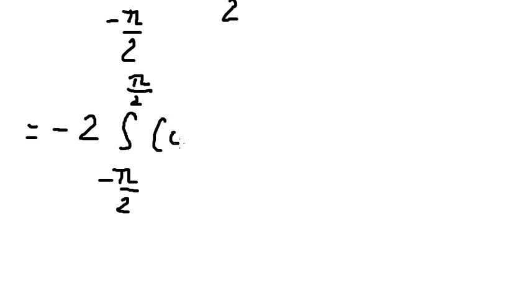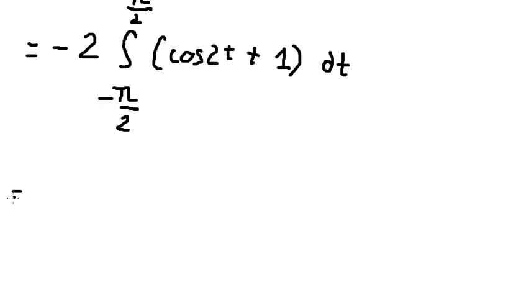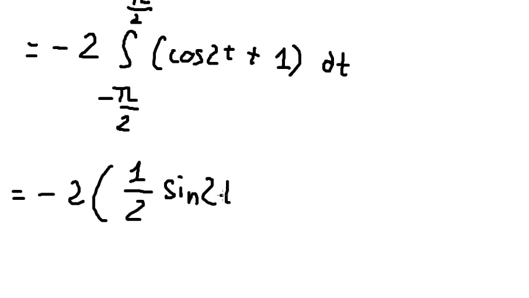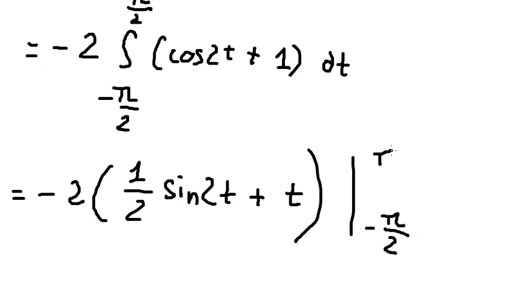And we have cosine 2t plus 1, and we have dt. The integration of cosine 2t, we have 1 over 2 sine 2t. For 1, we have t. And we put the bounds from negative pi over 2 to positive pi over 2.